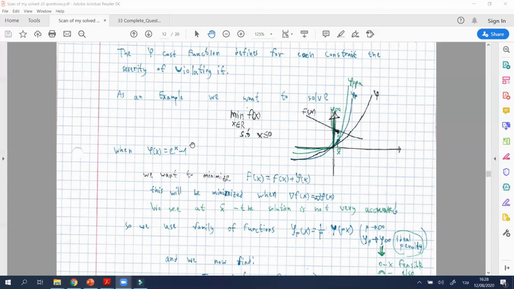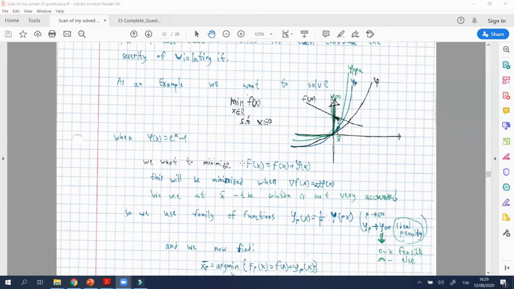So we define phi of x to be e to the x minus 1, and we want to minimize the function, which you've seen in the last exercise, which is F of x equal to f of x, our function, plus the cost function of our constraint, which is phi of x. This is our addition. This is what we want to minimize.